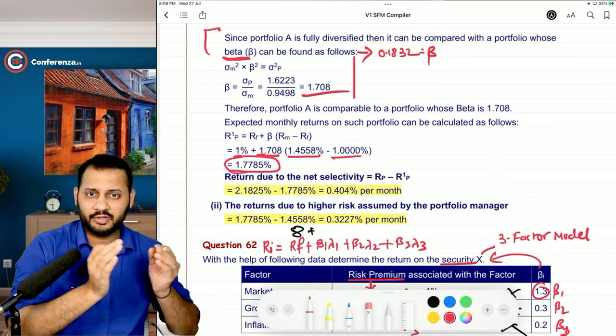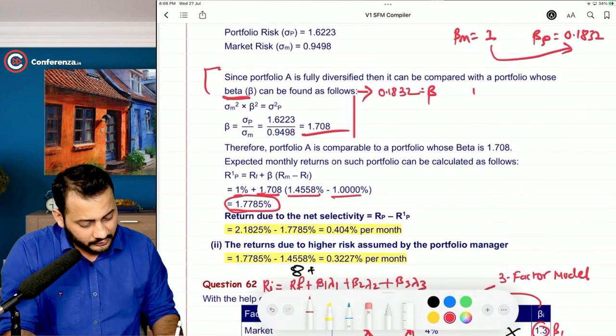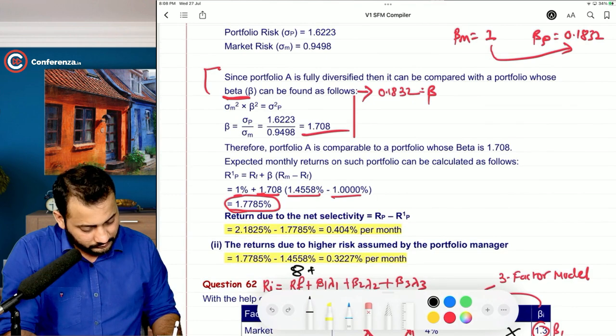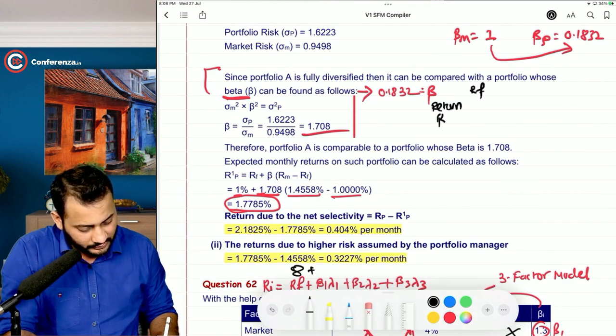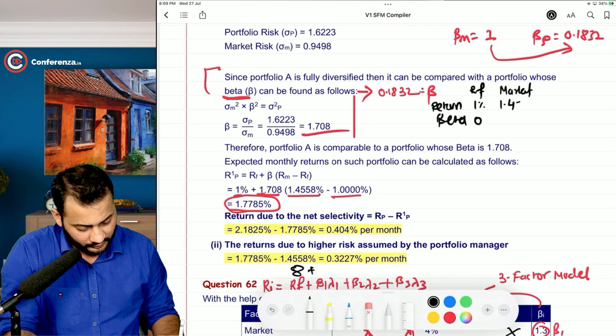Now let me just plot it in a proper way so that I can calculate the final answer. This is going to be return. This is going to be beta. So the risk-free rate of return is 1%, beta is 0. When it comes to market, the return is 1.4558 and the beta is 1.